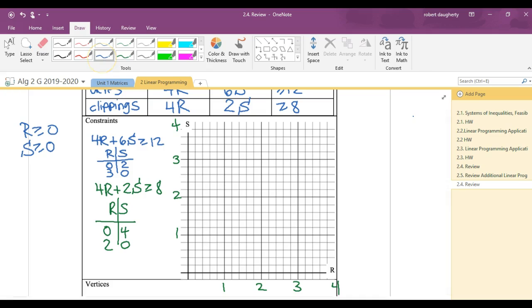So 0, 2 is right here. 3, 0 is right here. A line will connect both of these points. And the green line, 0, 4, and 2, 0 is right here. Line will connect both of these points.